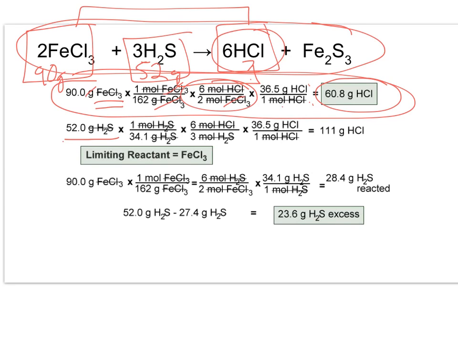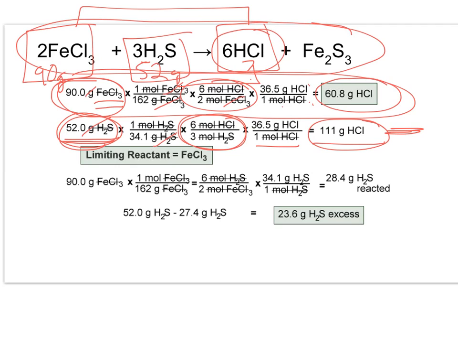Then I have to do the other reactant to see which one is going to be less. So this is grams of hydrogen sulfide converted to moles. Here's my mole ratio, a different mole ratio obviously because I'm doing a different comparison. Convert back to grams of hydrogen chloride, and so when I compare the amount of hydrogen chloride I would make, if I used up every drop of hydrogen sulfide, it would be 111 grams.